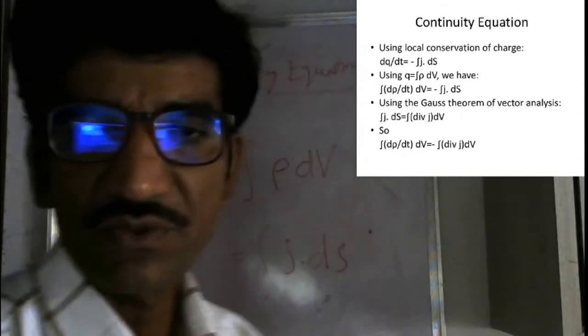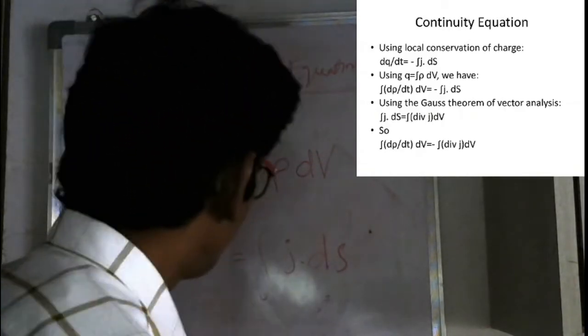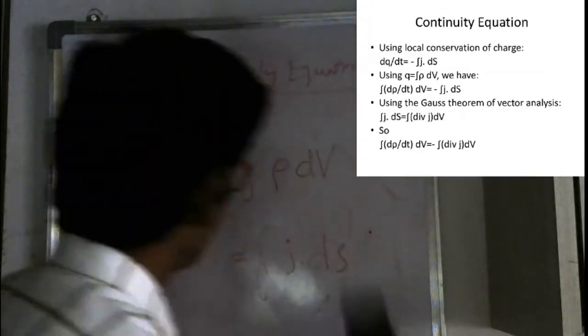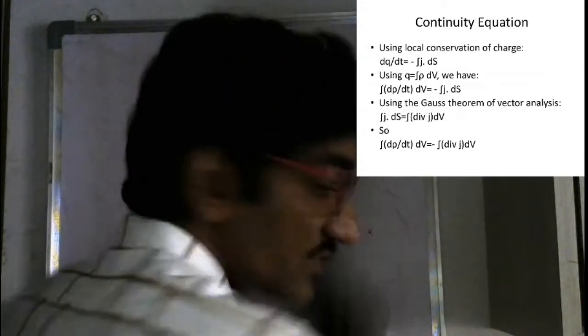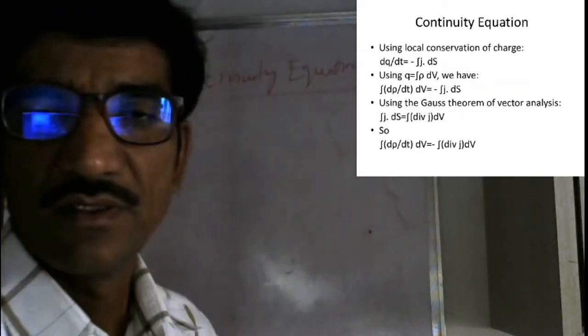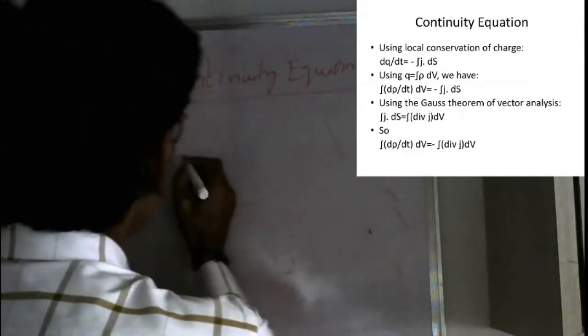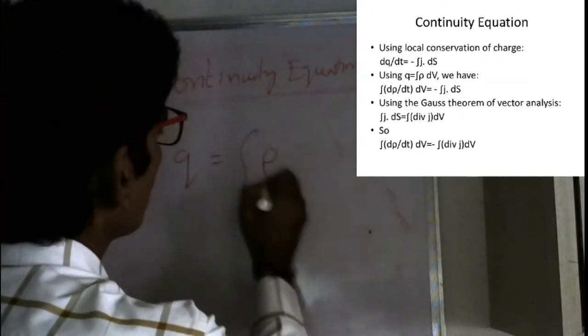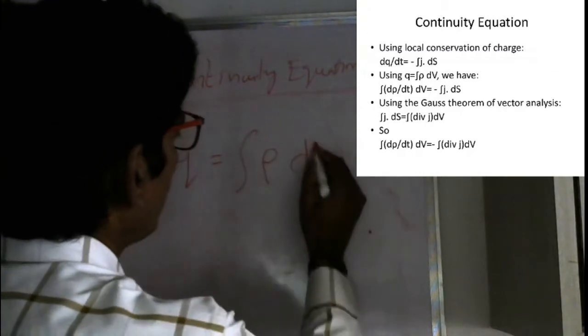We have Q is equal to the integral of rho dV.